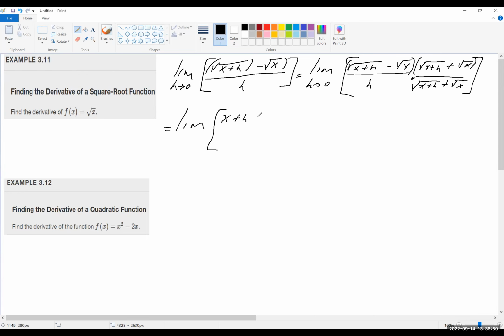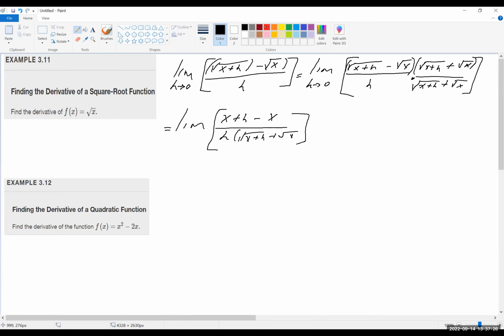The outer and the inner are going to cancel, because they're conjugates, so I don't have to worry about outer and inner. And the last is minus root x times root x, which is x, and this is over h, times the square root of x plus h plus root x.